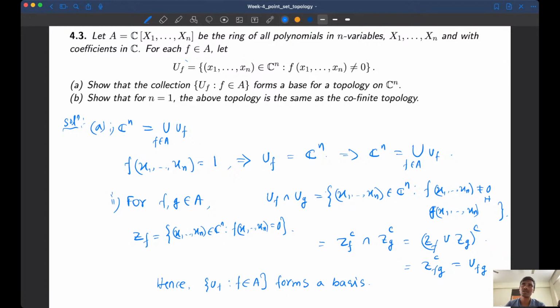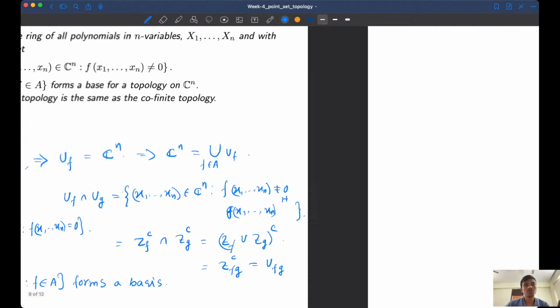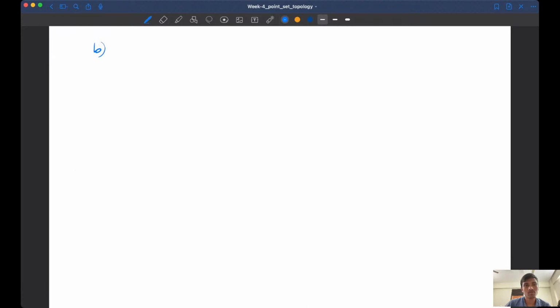So this collection of UF is exactly all the complements of finite sets, and the topology generated by that, which is itself closed under union, forms a topology. So that is a basis, and the topology generated by it will be exactly the cofinite topology, right? Second thing, B. For n equal to 1, UF equals the set of x belonging to C such that f(x) is not equal to 0.